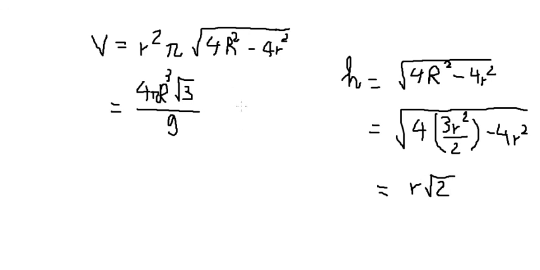And this one you can get the volume in terms of the small r in here. That should be V equals r to the power of 3 pi square root of number 2. That's the end. Thank you for watching.